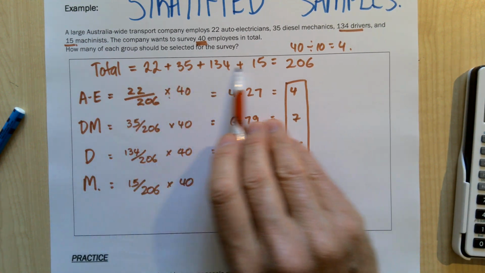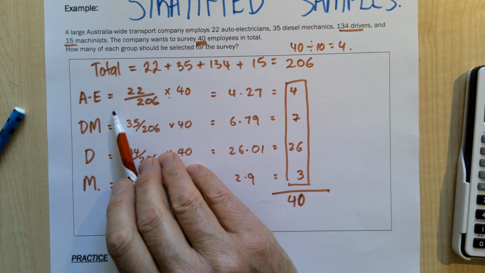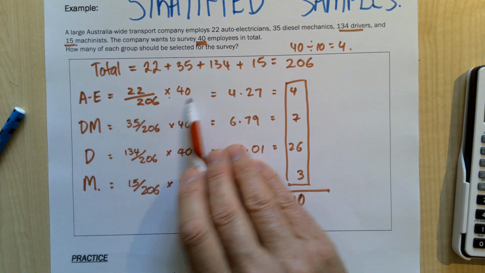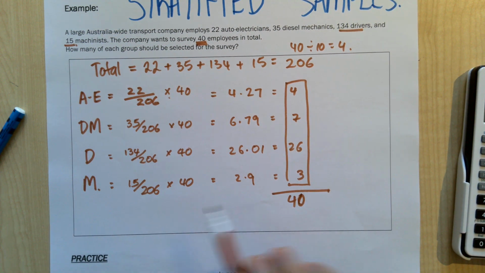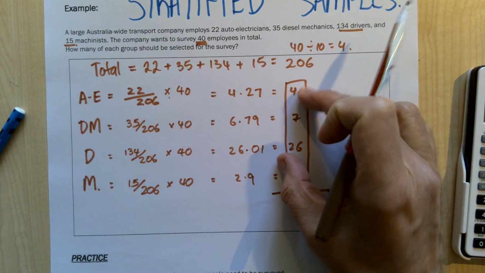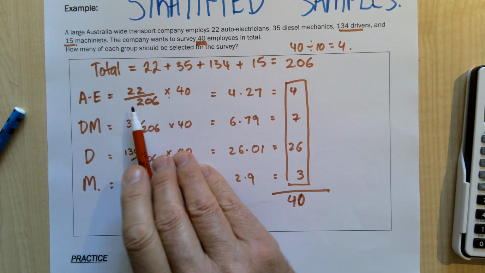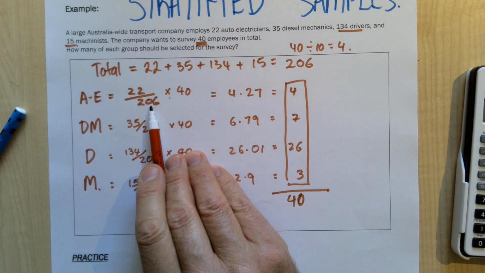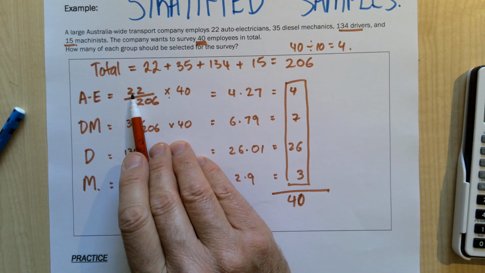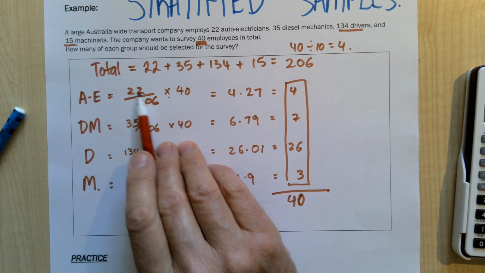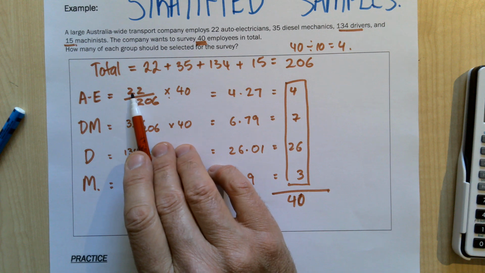Okay, but that is basically it. Step 1, you get your totals. Then you set it out so you've got each group. If there's 5 groups, you'll have another one down here. If there's only 3, then you've just got that. But you're doing the same steps each time. You've got the total on the bottom, the number that's in the group over the total. So that's the fraction of the whole thing that is auto electricians.